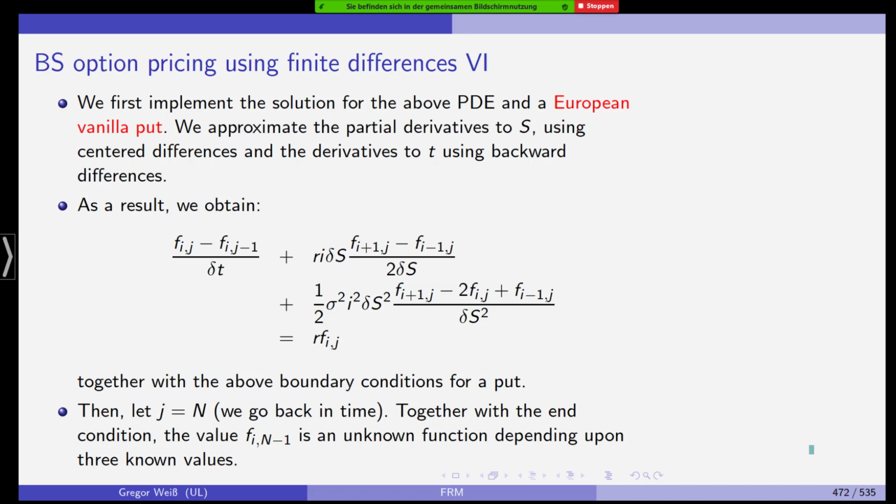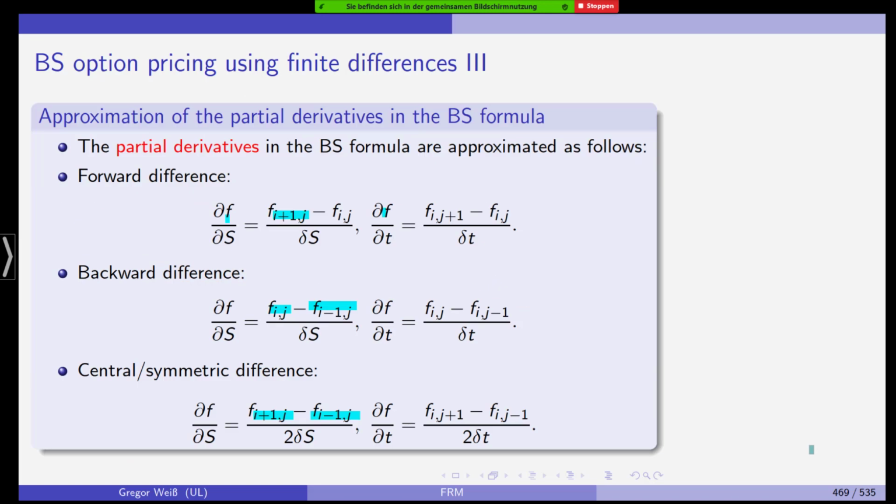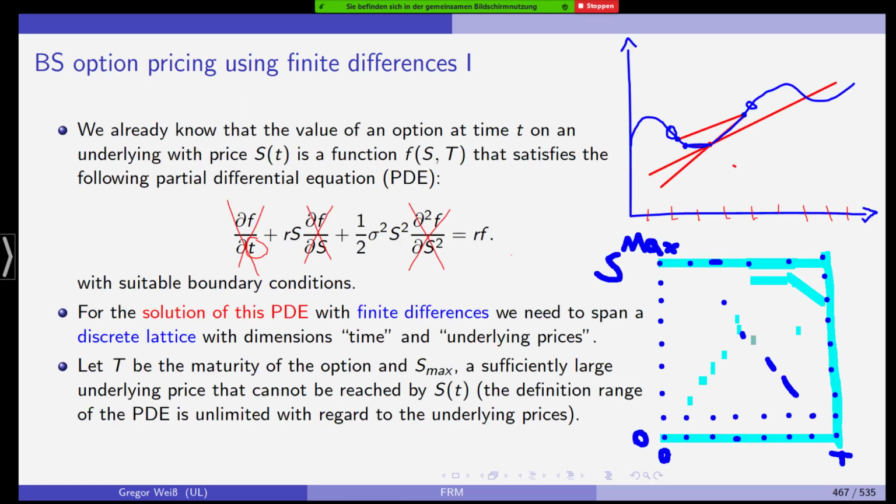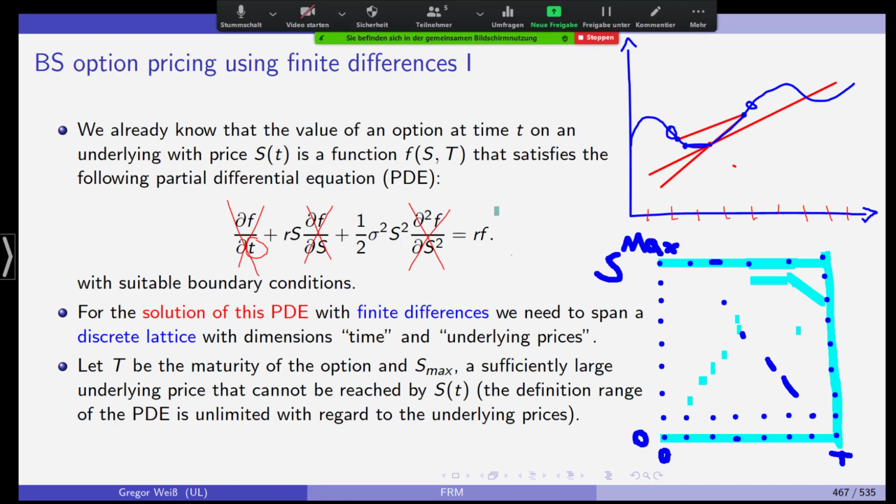Okay, now let's first implement the solution for the PDE and a European vanilla put. We approximate the partial derivatives to S using central or centered or symmetric differences, and the derivatives to T using backward differences. And as a result, this is only inserting these formulas into the partial differential equation here.